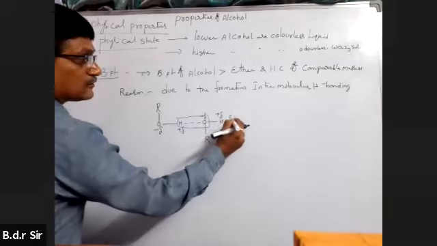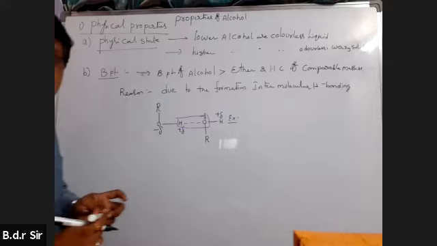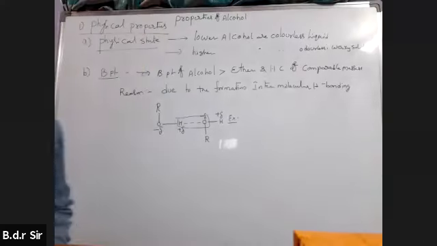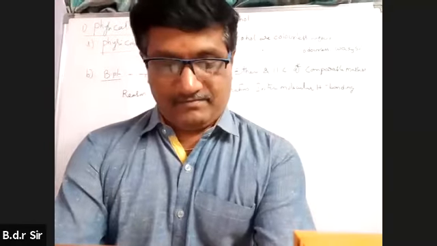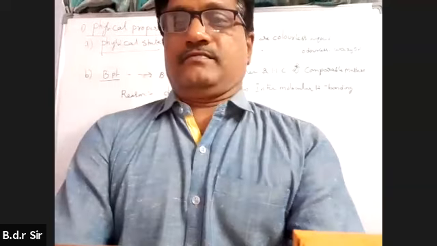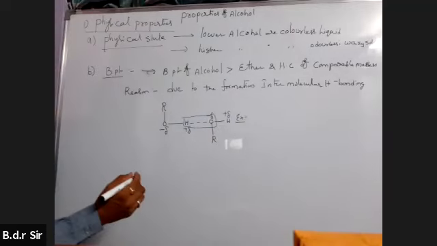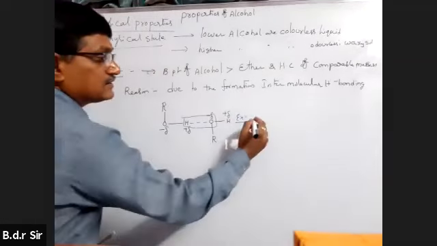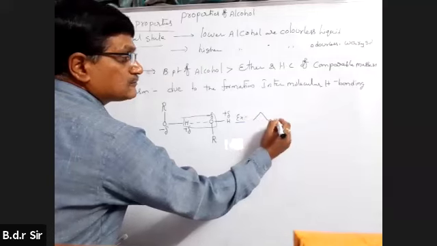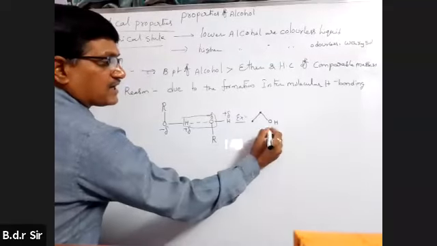Example, diethyl ether. Example, first one, ethyl alcohol, 2 carbon. Here its molecular mass 46.